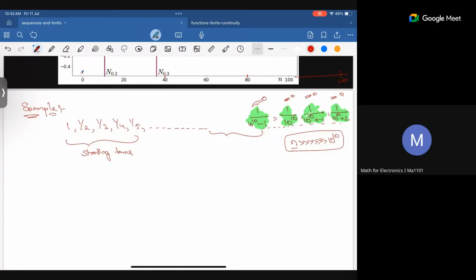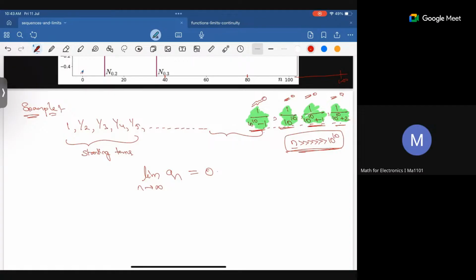So all the terms, when n approaches infinity, this is what limit n tends to infinity of a_n means. When n tends to infinity, what is happening to my sequence terms? In this particular example, all my sequence terms are becoming almost 0, very, very close to 0. So I can say as n tends to infinity, all my terms will become 0.